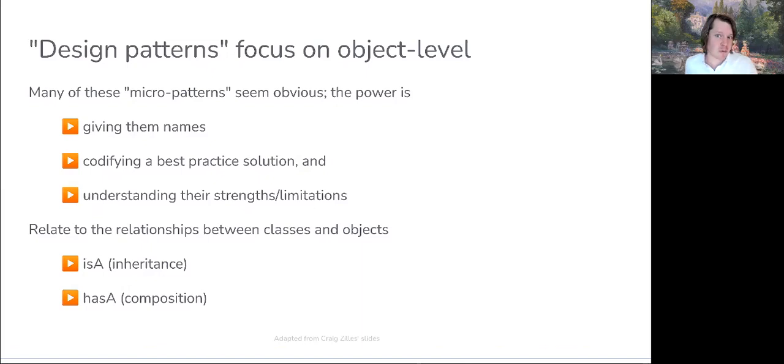So here's a particular problem. What are the strengths of using one pattern to provide a solution? What are the limitations of that? Is there a better pattern out there, sort of thing? And this kind of relates to the relationships between classes and objects when we start thinking about inheritance and composition, because again, this is all at the object level.